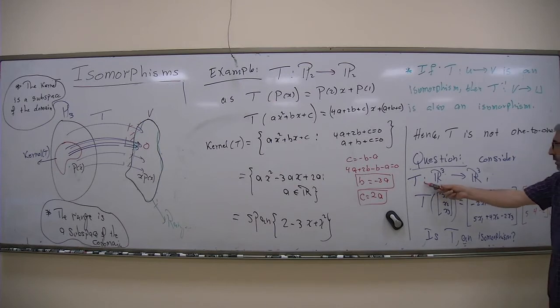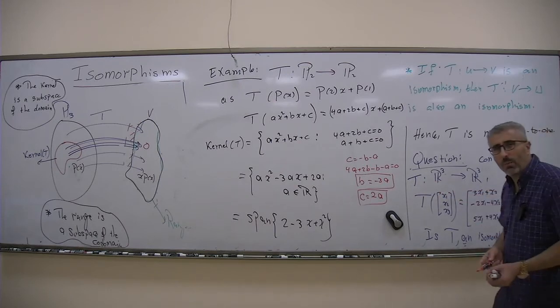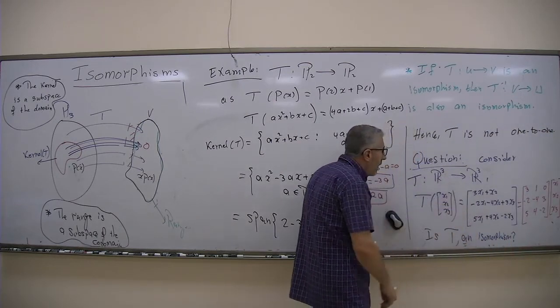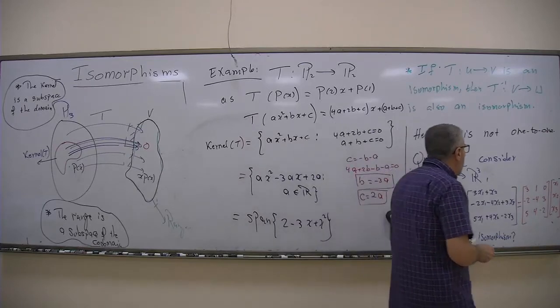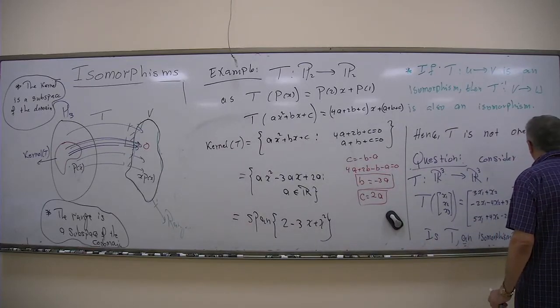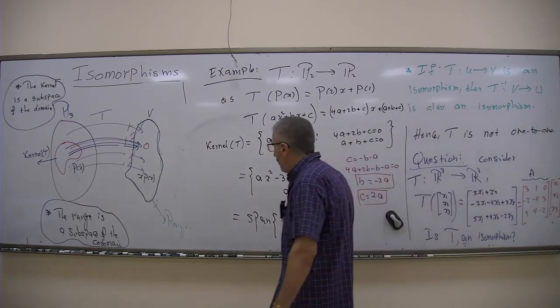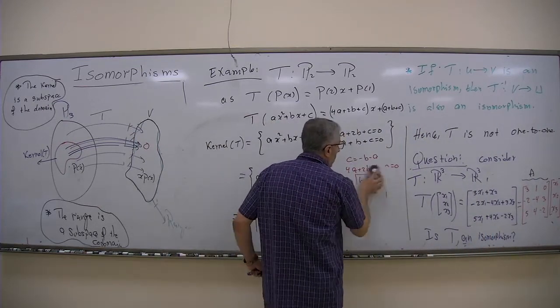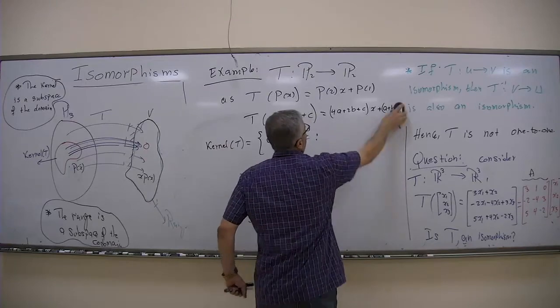So this transformation is actually a matrix transformation. You can take this matrix A and just think about the matrix A. Look at it. It's just a matrix transformation.